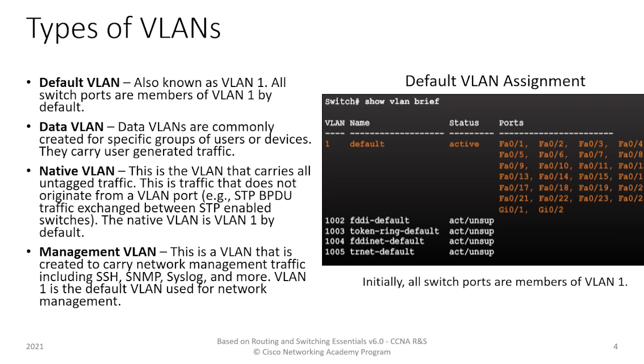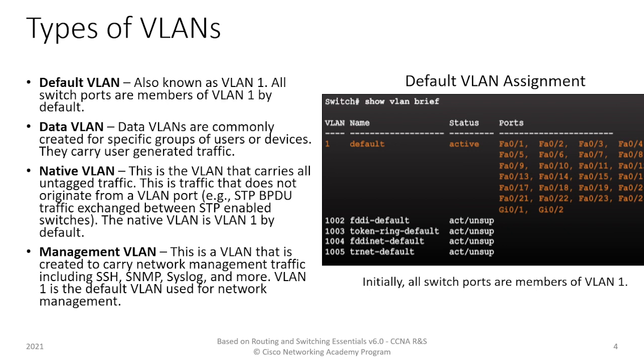Those devices, we don't want them to be part of the same data network or the data VLANs. We don't want them to belong to any of the data VLANs, but we want them to belong to a separate management VLAN. This is mainly traffic that is relevant to network management.